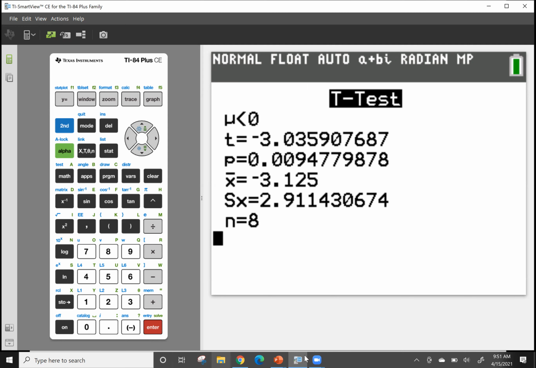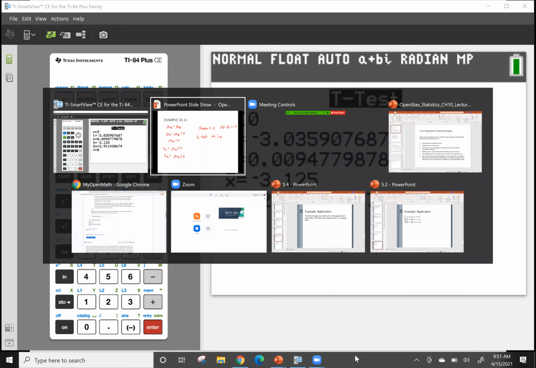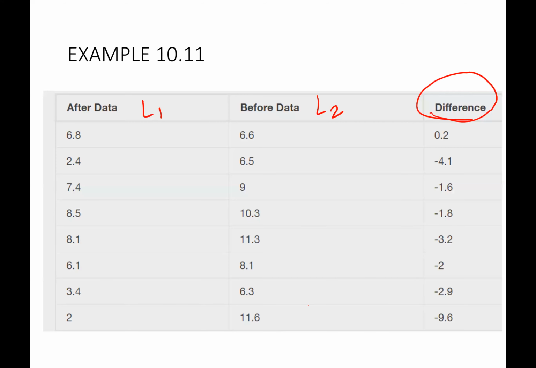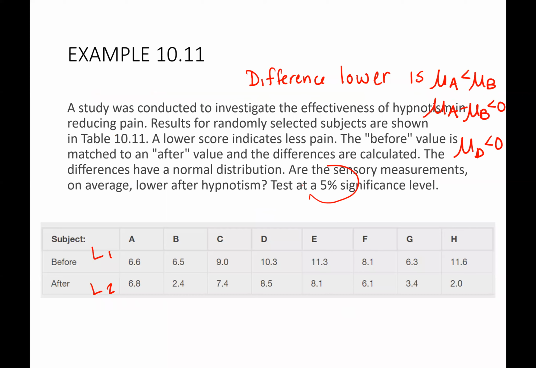Okay, so let's go back and let's make a decision here. So our t statistic was negative 3.0359, and our p-value was 0.0095. And what are we testing at? Alpha equals 5%.